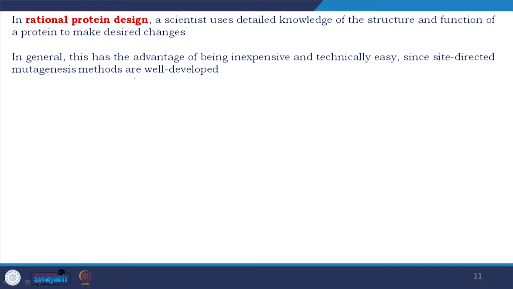So, what you are doing, you look at the structure, you design it and then make a change, and as I have already explained, whatever you do at the protein level, you cannot change the protein directly, you have to go and change it at the DNA level.